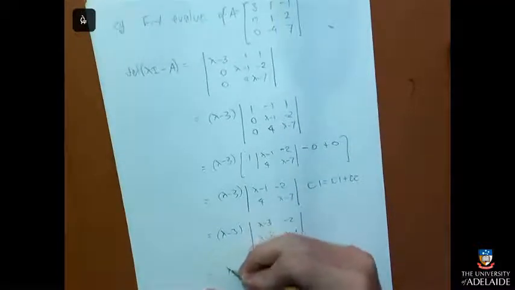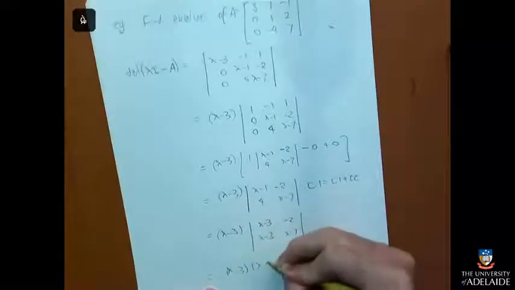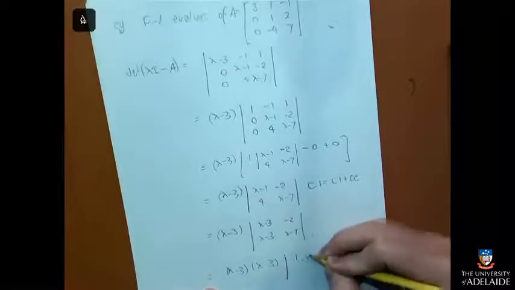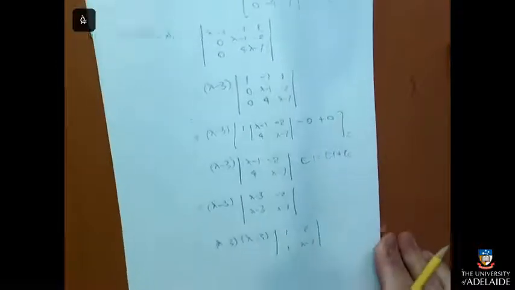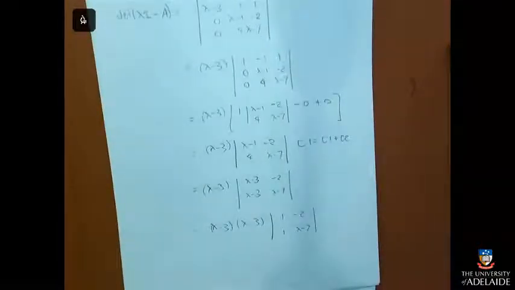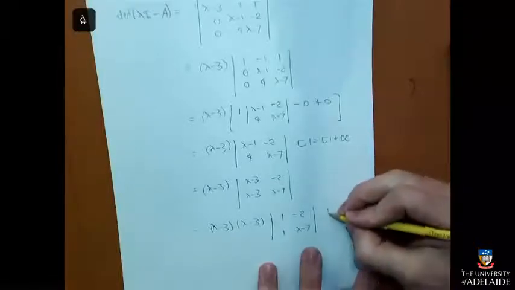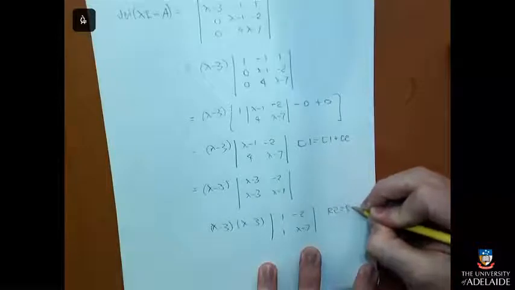So I'll take that lambda minus 3 out and be left with this. It's so beautiful. And now, just one more, bear with me. Row 2 is row 2 minus row 1.